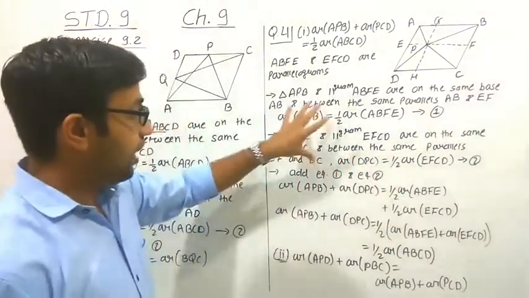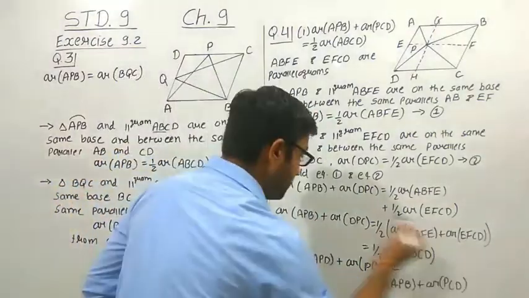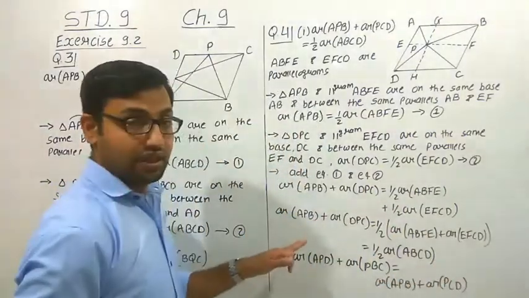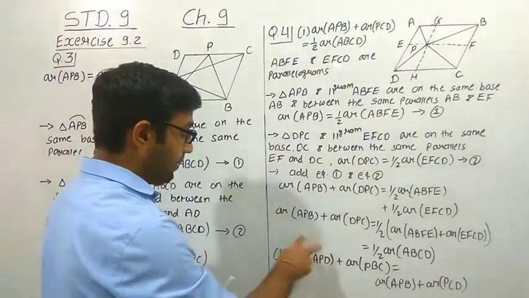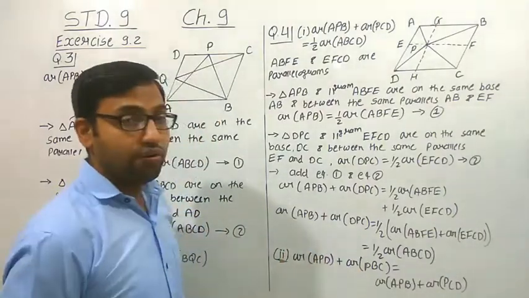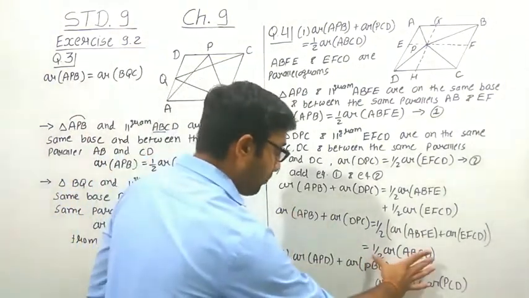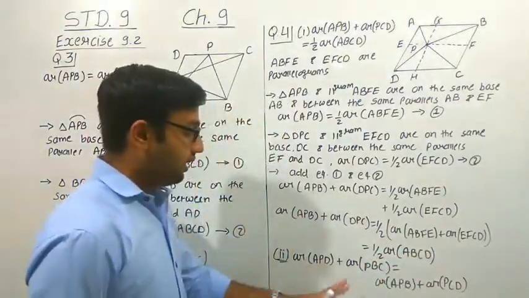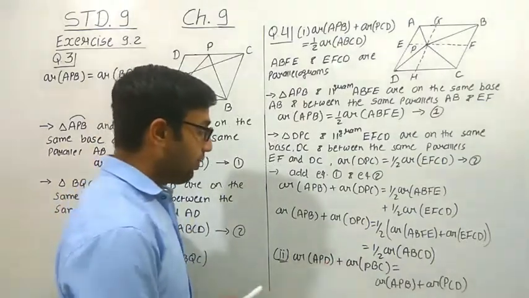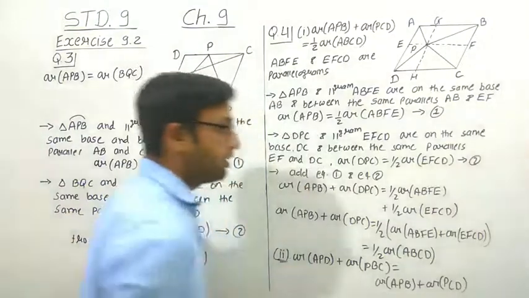When you add both results, you get the same kind of result that we got here. But this time the left hand side gives the area of APD plus the area of PBC, and the right hand side gives 1/2 area of ABCD, like we got here. Then when you compare this result and that result, you get the required result.